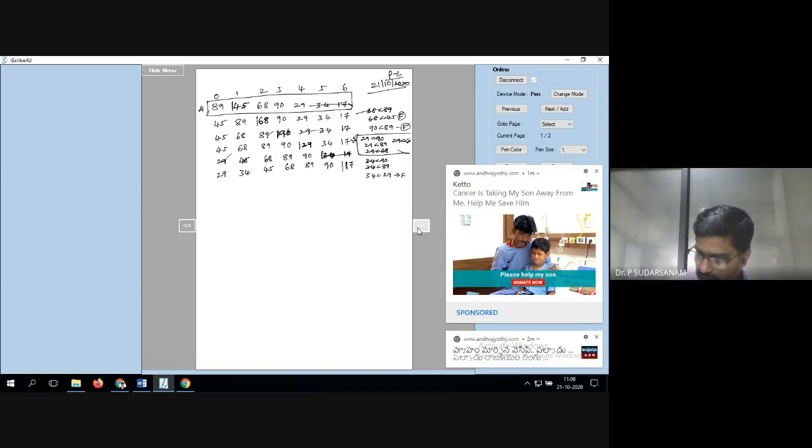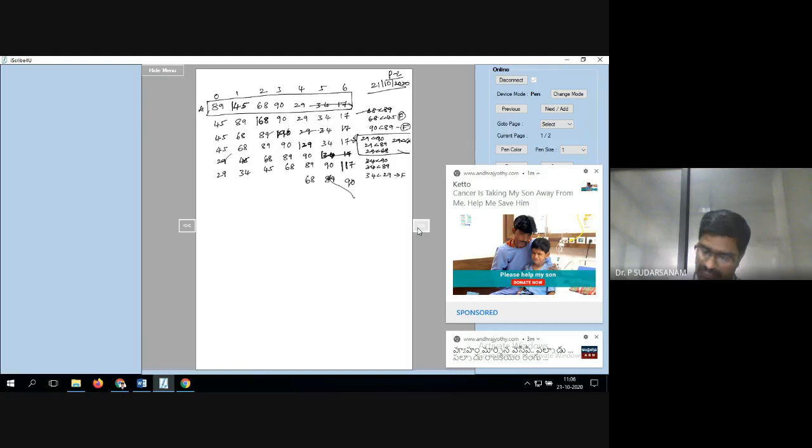Now the last element is to be taken care of: 17. Now 17 is less than 90, so 90 should be copied here. Next, 17 is less than 89, yes, 89 should be moved here. 17 is less than 68, so move 68 here.